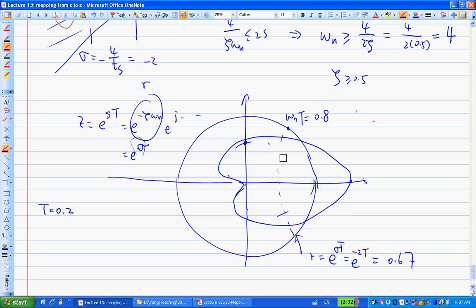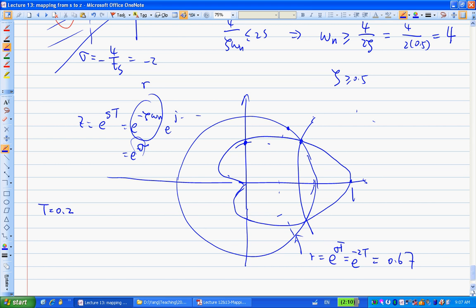It's going to be different now. This is 1 here. So the natural frequency here will cross right at this point.